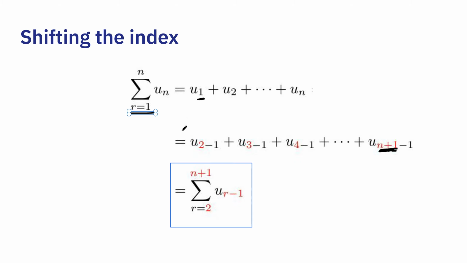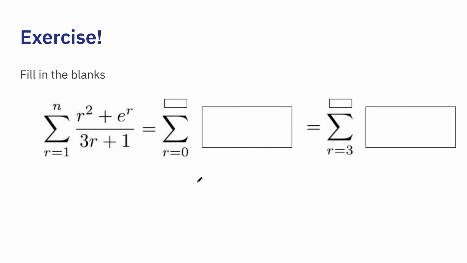From 1 to n, now our starting point is 2, and our end point is n plus 1. But we have to change this index from r to r minus 1. Okay, sorry, this one here is actually a typo. So the r becomes r minus 1 when we shift up the index. Okay, so pause the video for a while and try to fill in the blanks as shown on the screen.